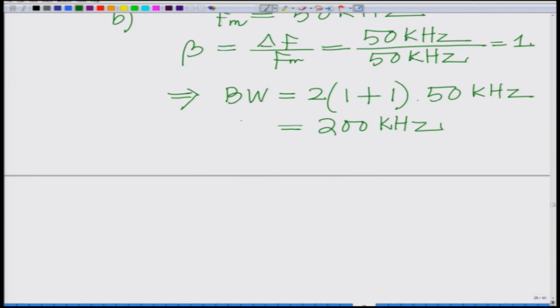Now, let us look at the last case, in which FM, the message frequency, is equal to 250 kilohertz.